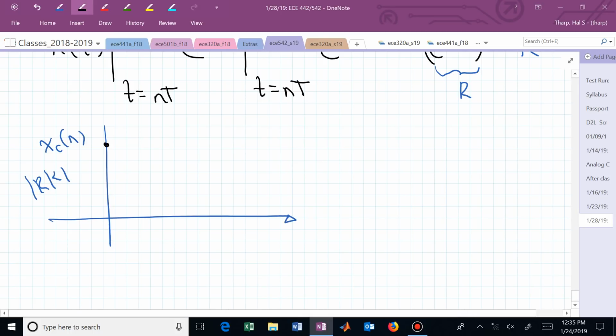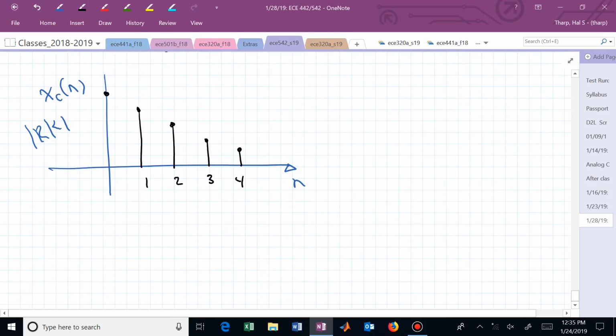That would look like an exponential decay, where this is now 1, 2, 3, 4 index-wise. That's for r less than 1.